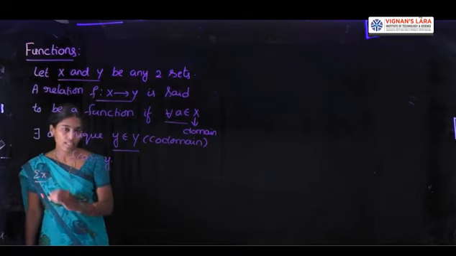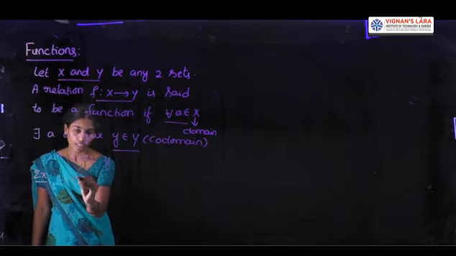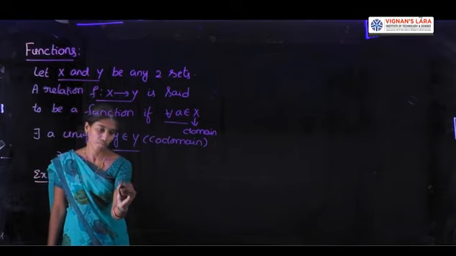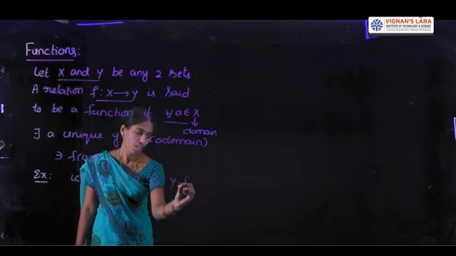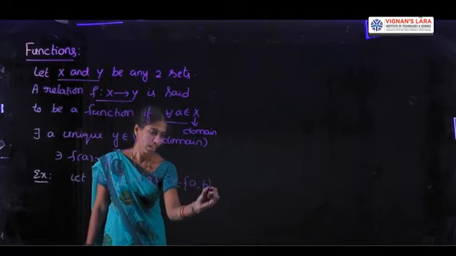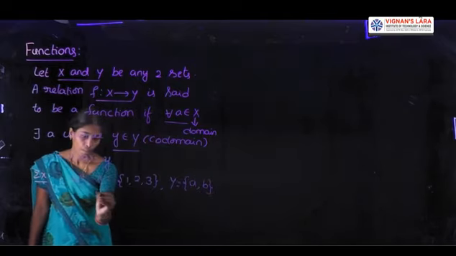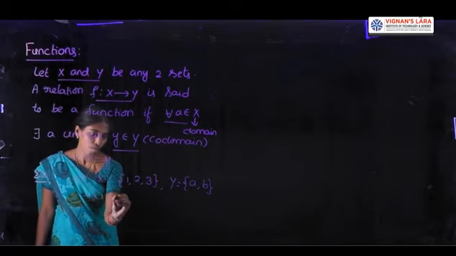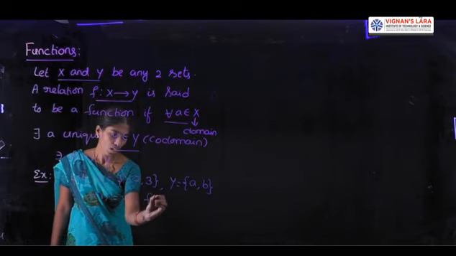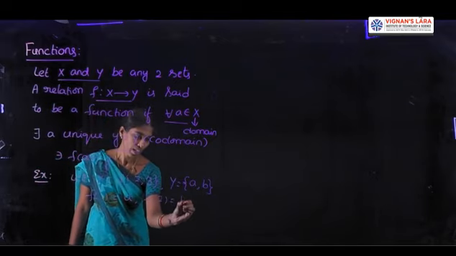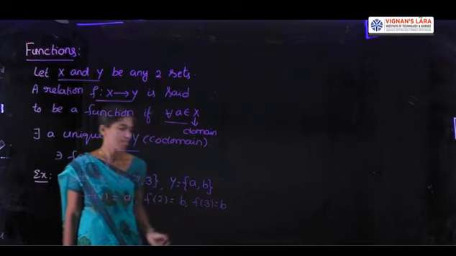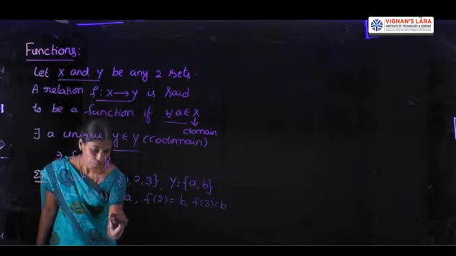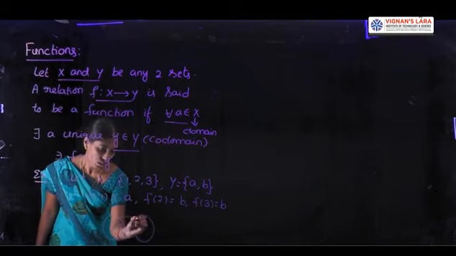If we consider an example of a function, let x is equal to the set {1, 2, 3}, y is equal to the set {a, b}, and f is a function from x to y. f of 1 is defined as a, f of 2 is defined as b, f of 3 is also defined as b, which can be represented using diagrams.